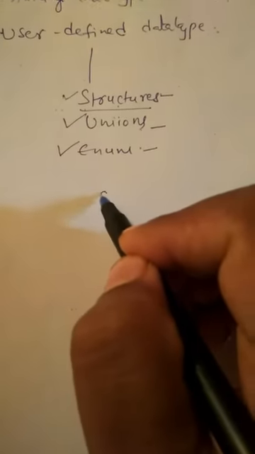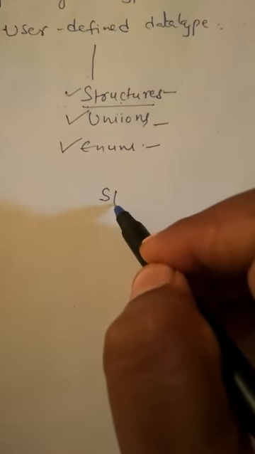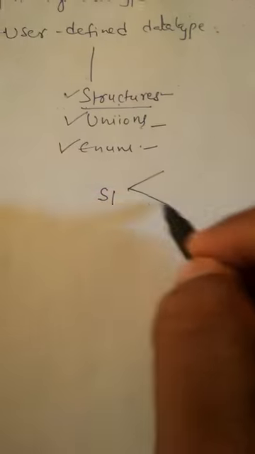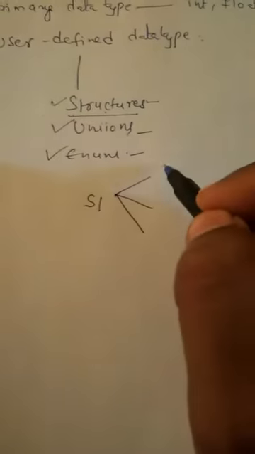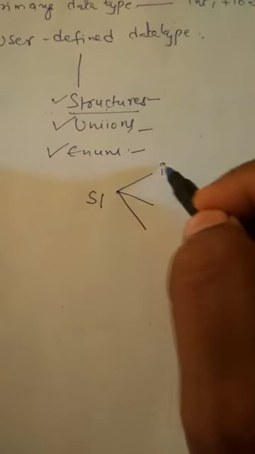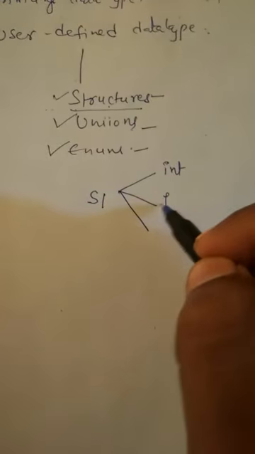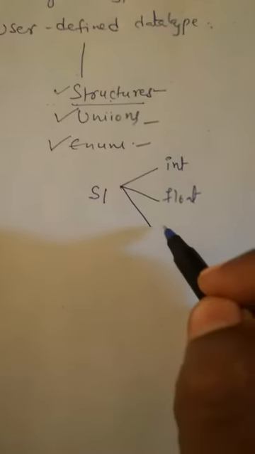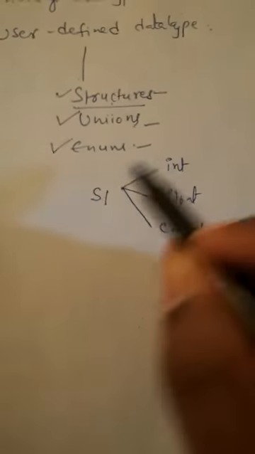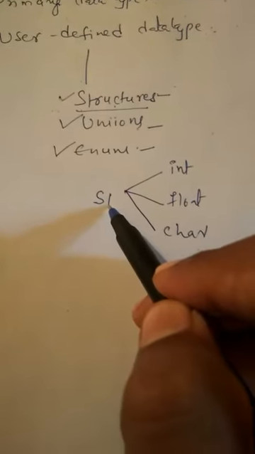It means one structure variable can hold different data types, meaning int, float, char. This is a structure variable.